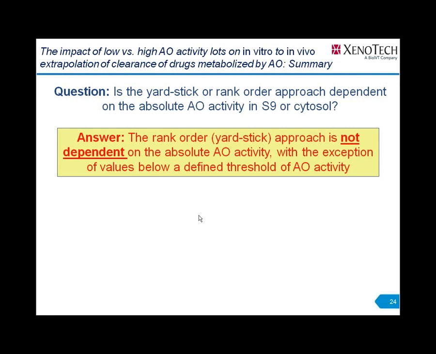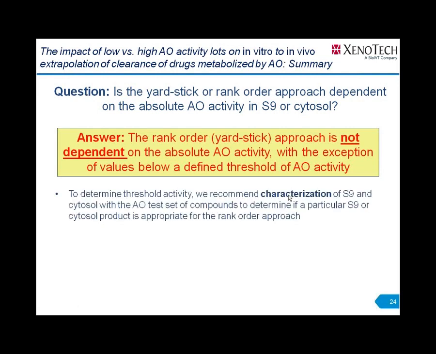And we showed that with the cytosol and S9, that even with low activity individuals, we're able to correctly establish the rank order for the calibrator compounds in the test set, enabling you to determine where your new drug would stand relative to those other drugs, with the exception of cytosol, where the lowest activity individual, we were not able to achieve that. So there may be the need to define certain thresholds for the subcellular fractions to demonstrate that the rank order approach is appropriate with that particular product.